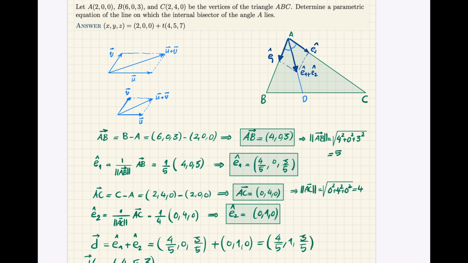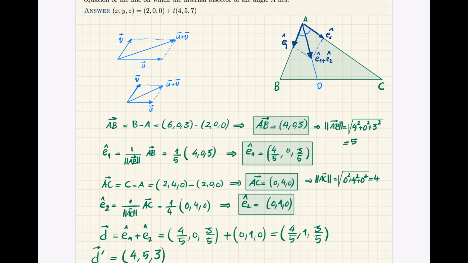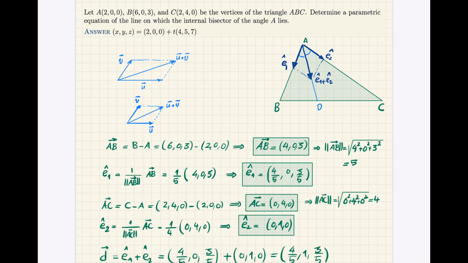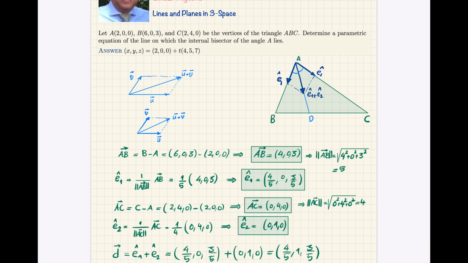So I realize that I might have made a mistake in that calculation. Let me quickly double check. So AC is C minus A, so that is right. And then the length is 4, so that is correct.